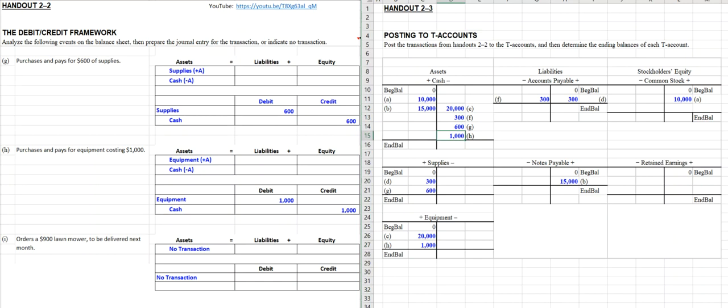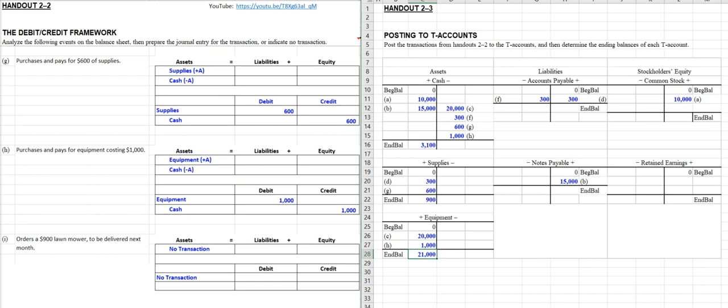After we've posted all of our journal entries to the T accounts, we want to total up our T accounts. And notice we have $15,000 worth of debits to cash, and we have $21,900 in credits to cash, leaving us with a $3,100 debit balance. We've got a $900 debit balance in supplies, a $21,000 debit balance to equipment.